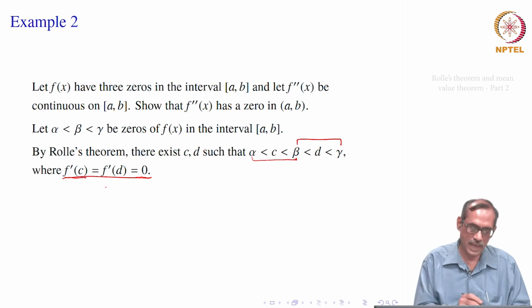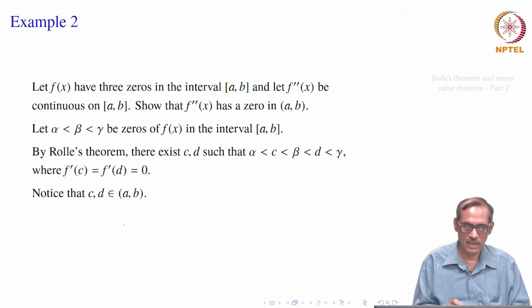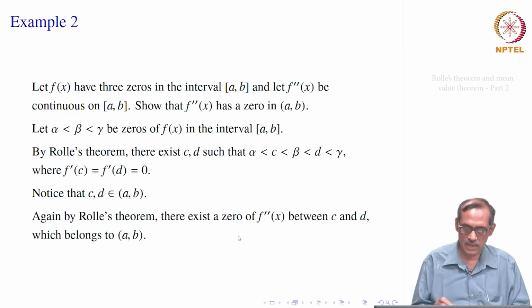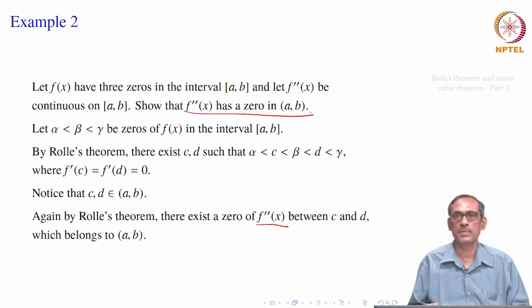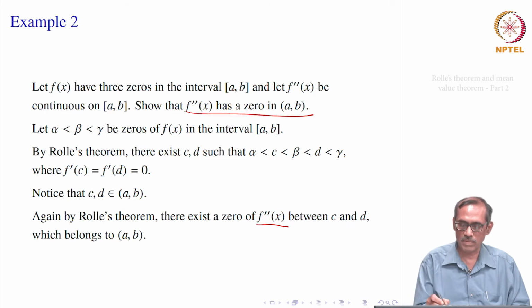So, we can again apply Rolle's theorem to conclude that there is a point between c and d such that f double prime becomes 0 at that point, and that point also belongs to the open interval a b, because a less than c less than d less than b. So, that proves that f double prime x has a 0 in a b.